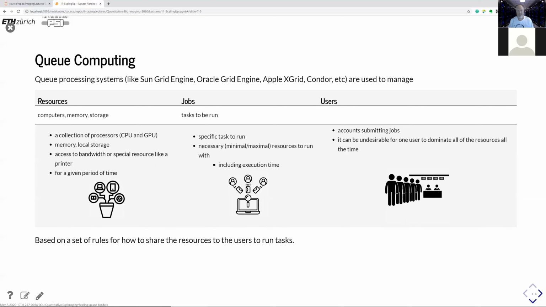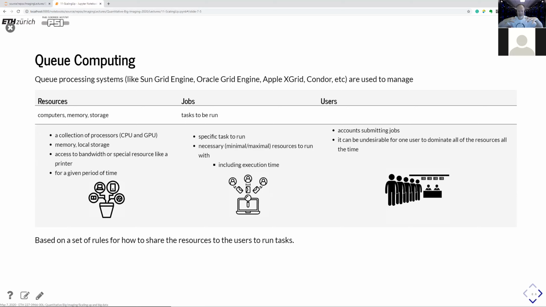Next thing is, when you now have all your parallel code or your program, you want to run it on some systems. Then we come to queue processing systems, and that's, say, the informatics organization of the cluster.